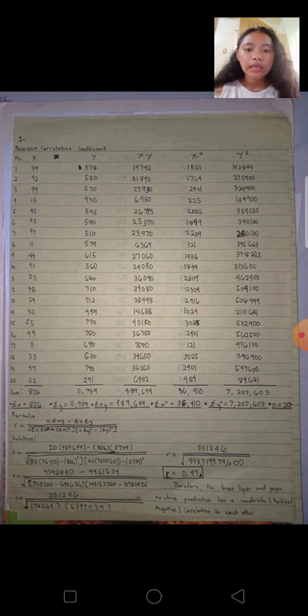Then, the sum of x squared is 36,410. And then, the sum of y squared is 7,207,603.